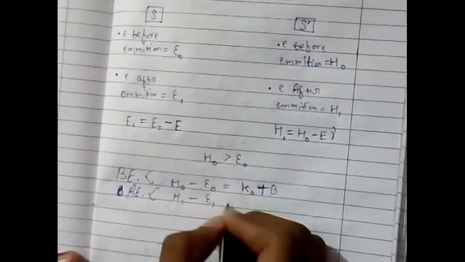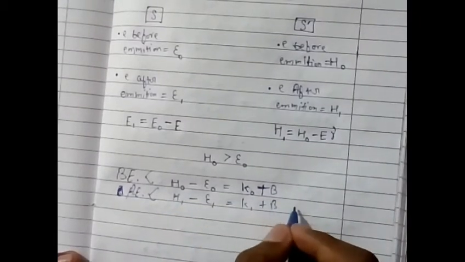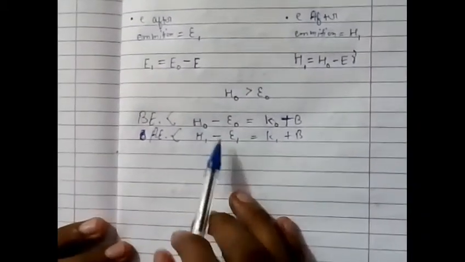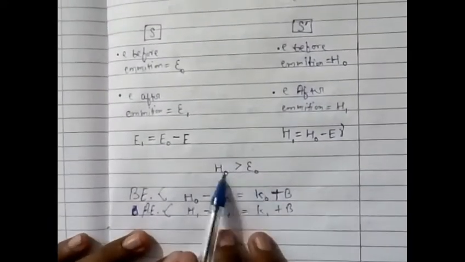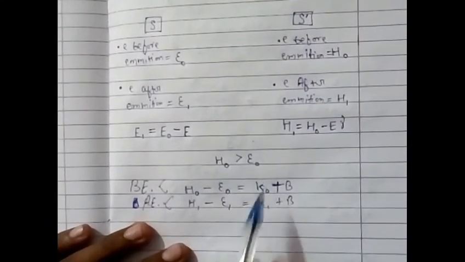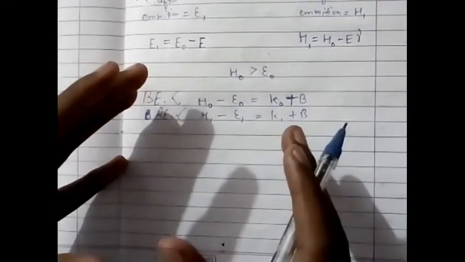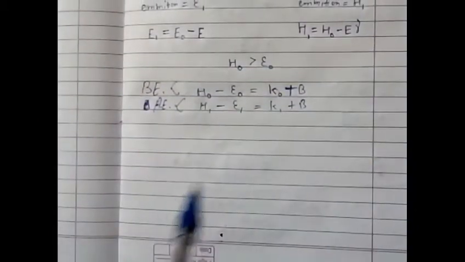H1 minus E1, which will be K1 plus B, where B is again a non-relativistic constant. The reason why H0 is greater than E0 or H1 is greater than E1 is because of the existence of kinetic energy. Because S prime is in motion, it has the energy of motion, which you call the kinetic energy.